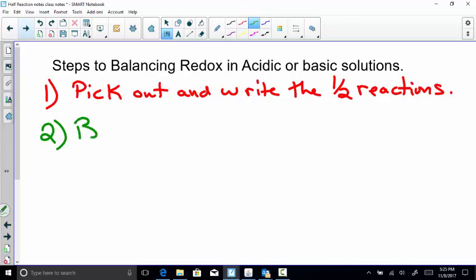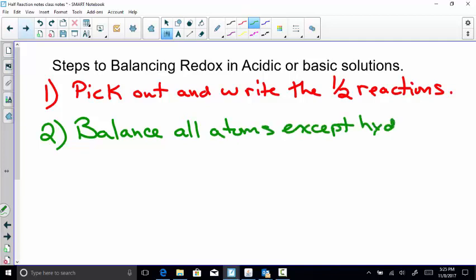You are going to balance all atoms except hydrogen and oxygen in the half reactions.